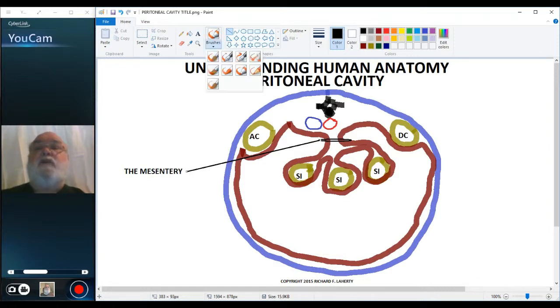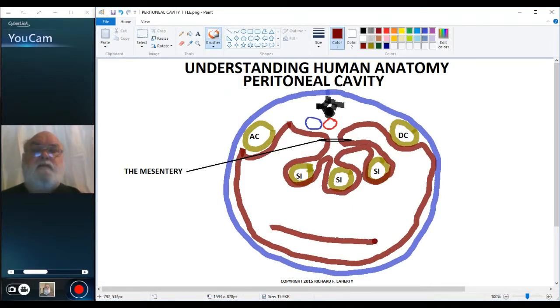And we have one more structure to draw in. And that is the greater omentum. And we'll draw the greater omentum here. And we'll put a label on it.